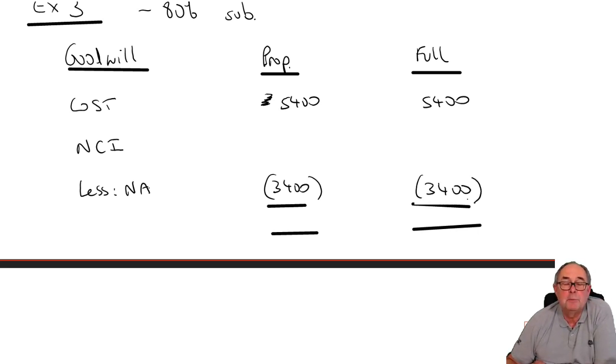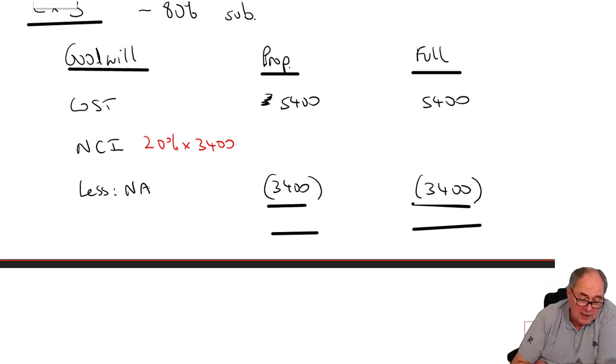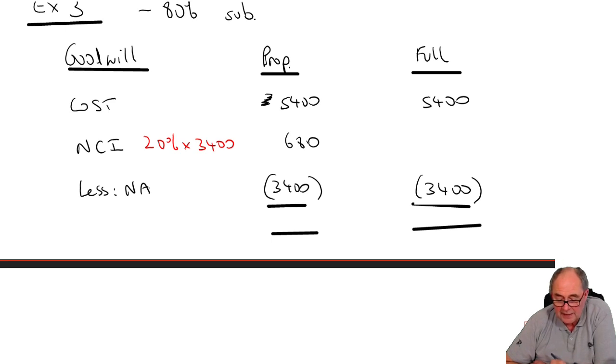If we're using proportionate goodwill, NCI, as in example 2, will be 20% of the net assets of the sub, 3,400. 20% of 3,400 is 680. Then we can cast, and I think the answer would then come out as 2,680.